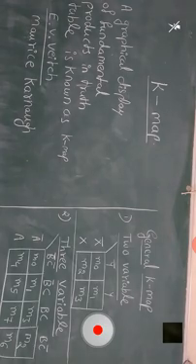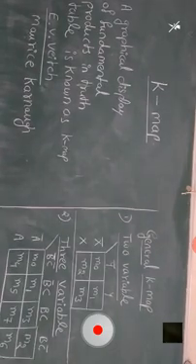It was originally developed by a person called E.V. Veitch. Later, it was modified by a scientist called Maurice Karnaugh. Hence, it is also known as K-map.